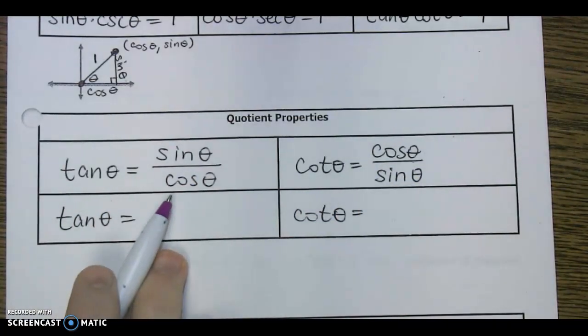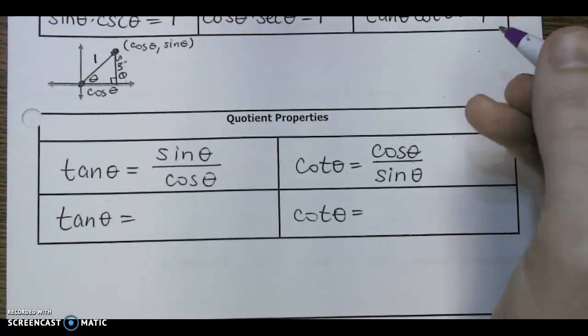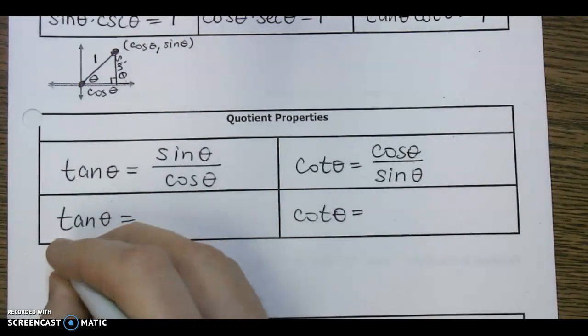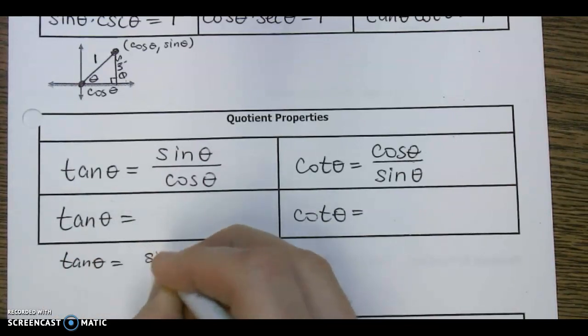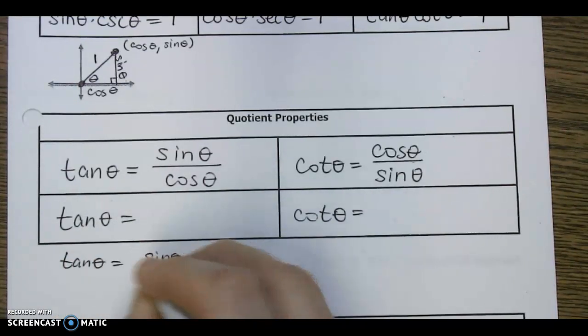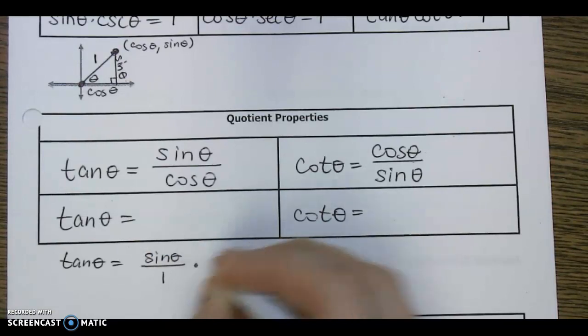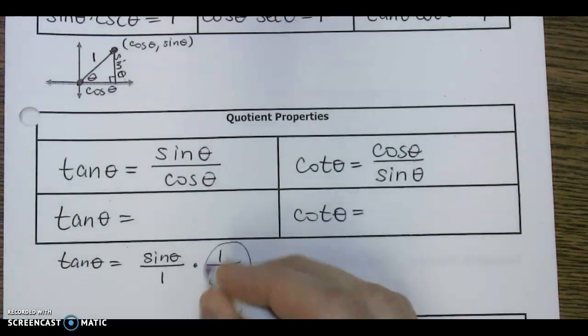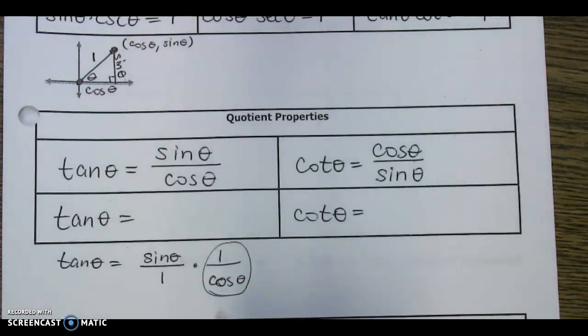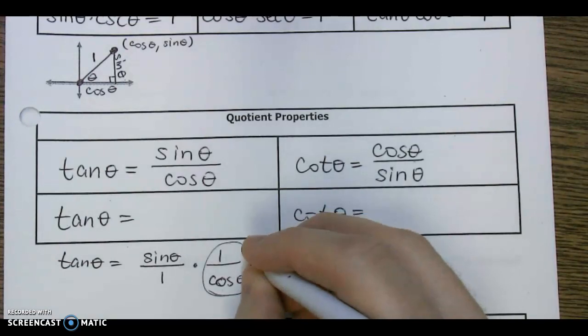So when I look at tangent, let's write it down here. When I look at tangent, sine over cosine, I can see it like this. Sine over cosine, and split it. When I have 1 over cosine, that is secant, which we see at the top.